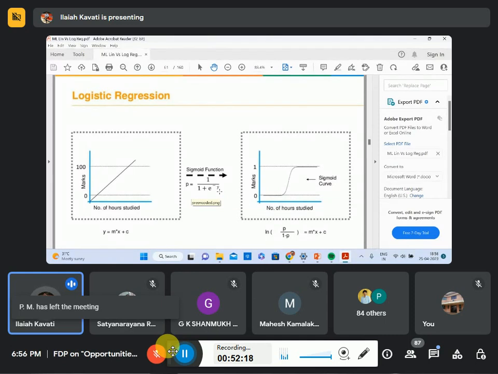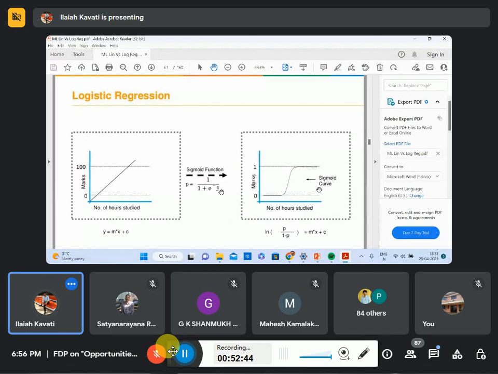So as y value is decreasing, e to the power of y becomes 0, so 1 by e to the power of y, that is 1 by 0, becomes infinity. So 1 by 1 plus infinity is 1 by infinity, which means 0. So as y value is decreasing, probability becomes 0.